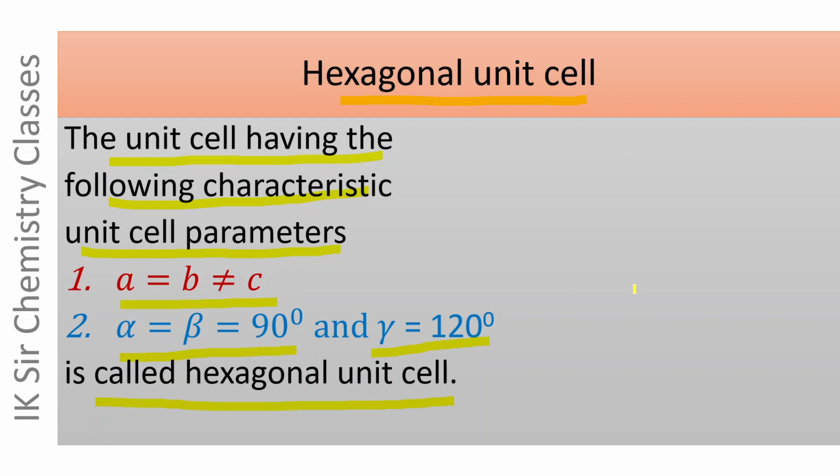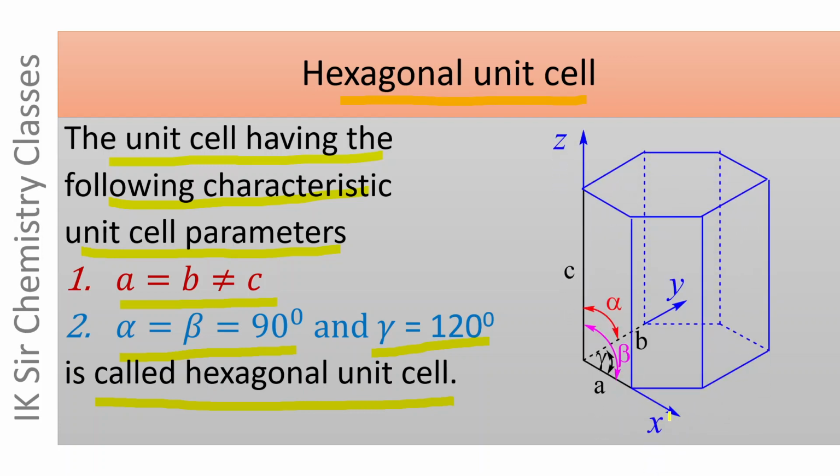It has been represented diagrammatically here. This is the x-axis, y-axis and z-axis. The edge length along the x-axis, that is a, is equal to the edge length along the y-axis, that is b, but the edge length along the z-axis is not equal to a and b.